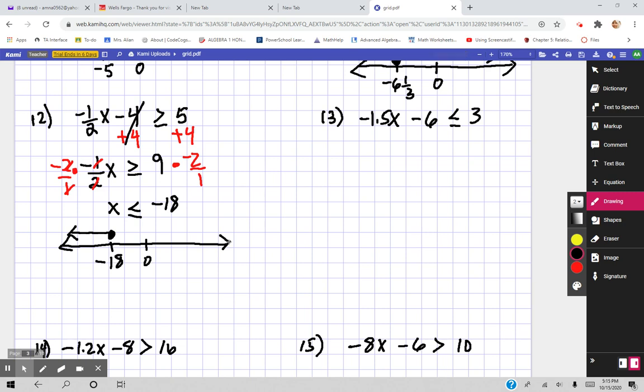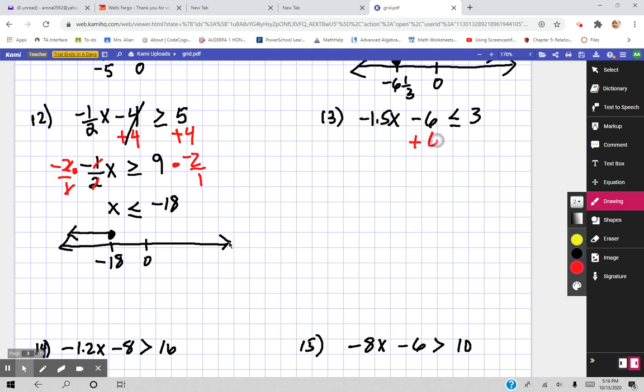You're going to use your calculator here because you have decimals. Okay, let me go ahead and try to catch up with you.